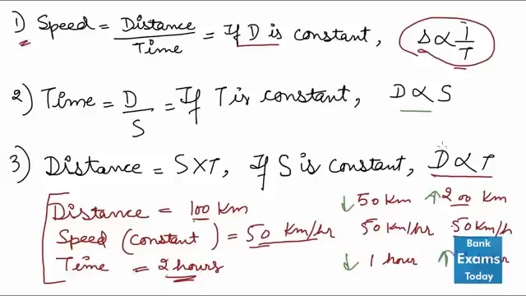Thus, the distance is directly proportionate to time. If the distance increases, the time taken also increases. Similarly, here if the speed increases, the time taken decreases, and if the speed decreases, the time taken increases.